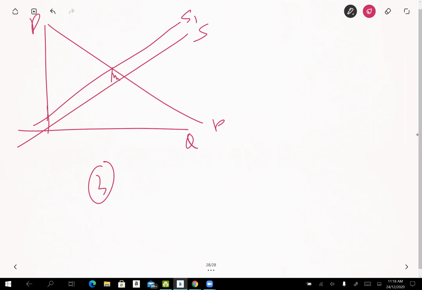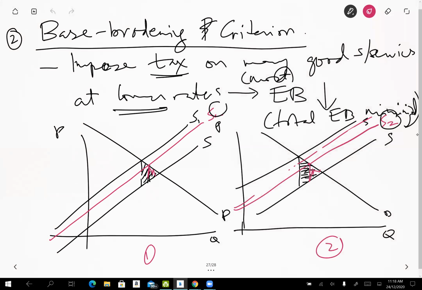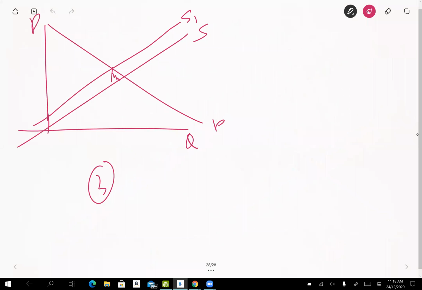So if you look at the 3 markets, the total excess burden, 1, 2, 3, can be smaller than the total excess burden under the 2 markets in the initial tax system. So I can increase the number of goods that I tax, and then the excess burden can be smaller.